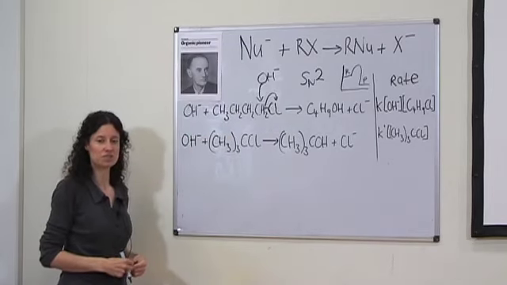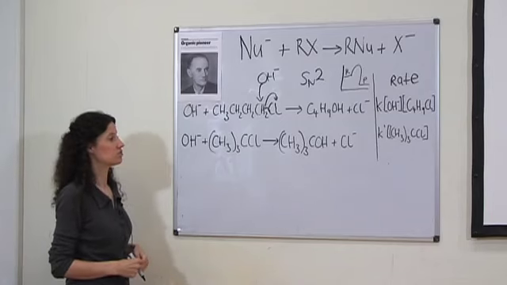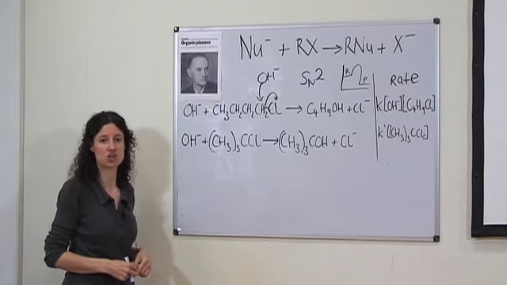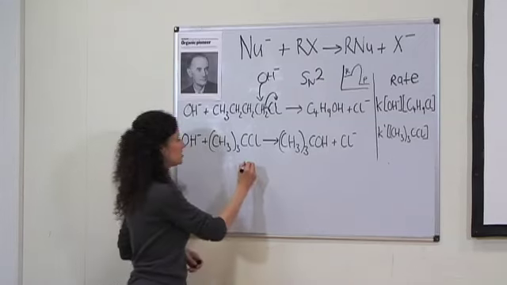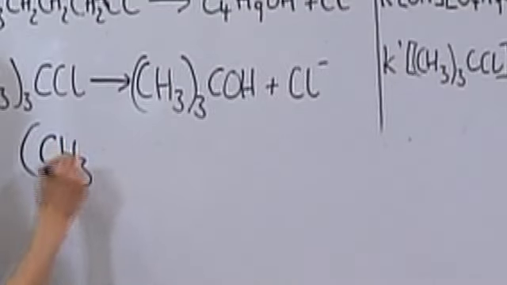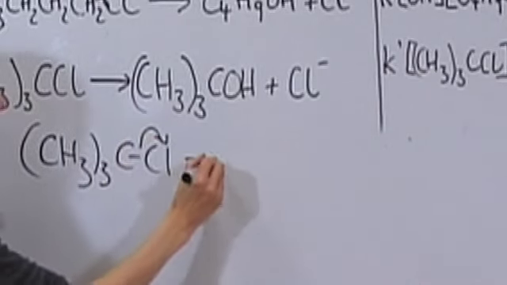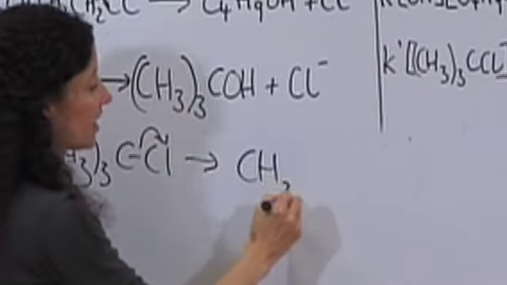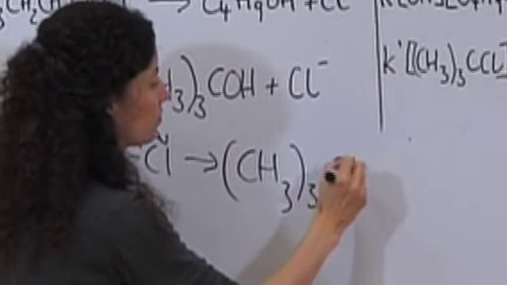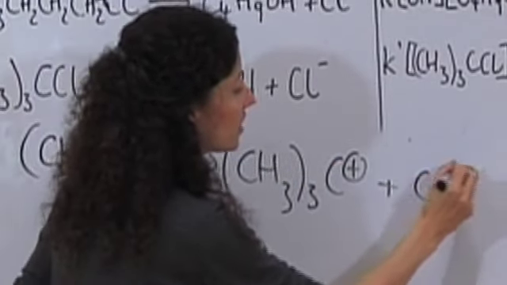So how is this possible? Well, the reason is because the reaction actually takes place via two steps. In the first step, we have dissociation of our tertiary butyl chloride to give a cation and chloride ions.